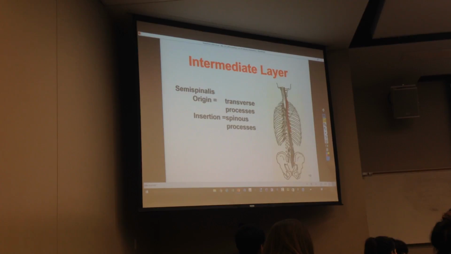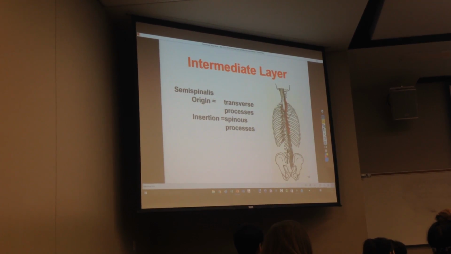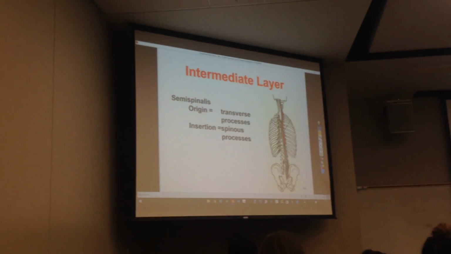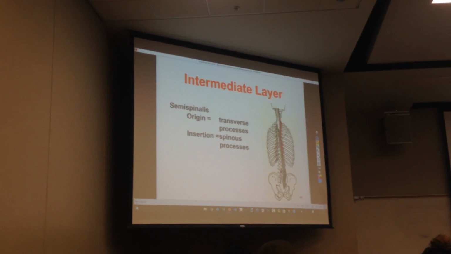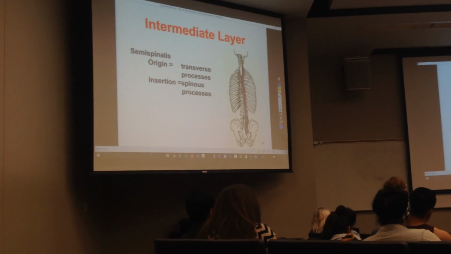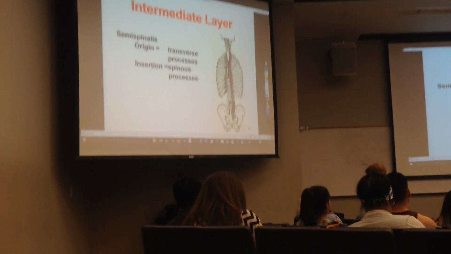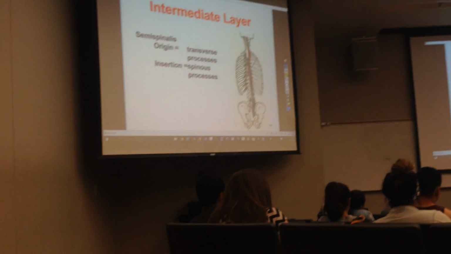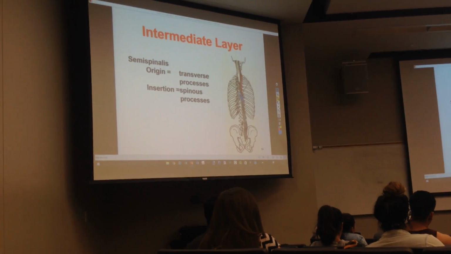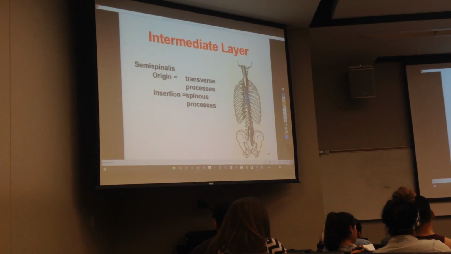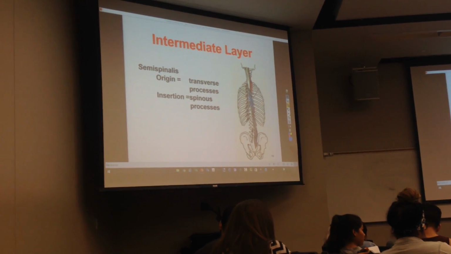This is a nightmare to actually work on and dissect, so I am grossly oversimplifying it. So instead of having to make you worry about all the differences, you're just going to have to worry about semispinalis. And what they're doing is essentially leapfrogging two joints and then moving up and coming off of transverse processes, crossing two joints, and then going to the spinous processes. That's pretty much it.